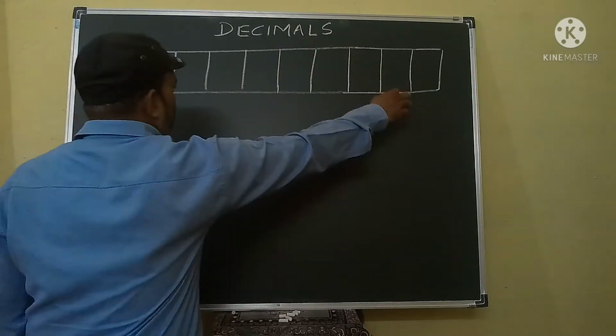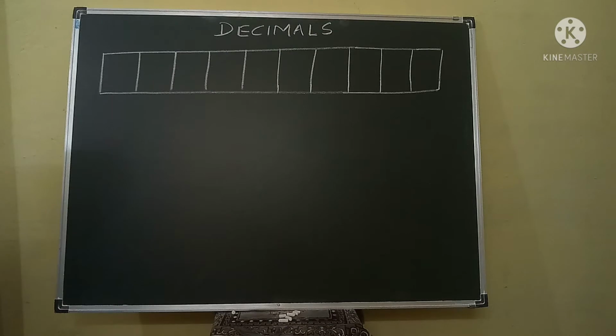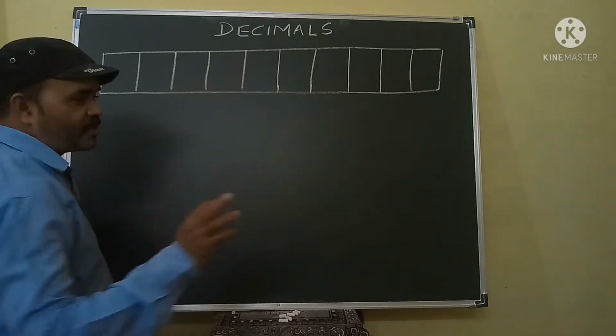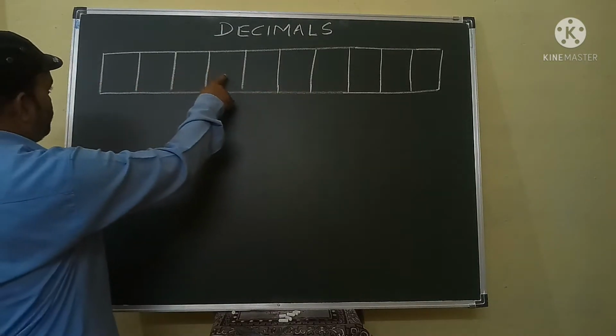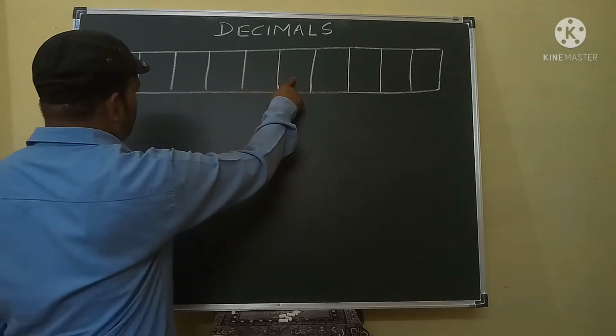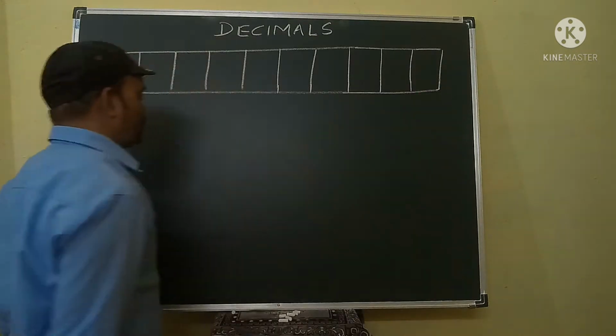This is one big rectangular block, and this rectangular block is divided into 10 equal parts. 1 2 3 4 5 6 7 8 9 10.